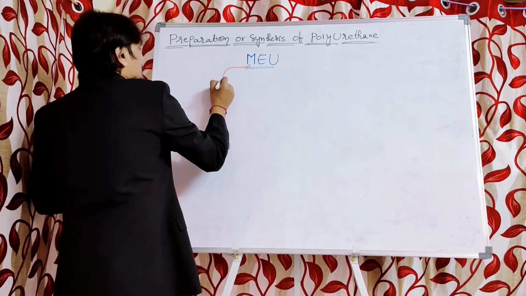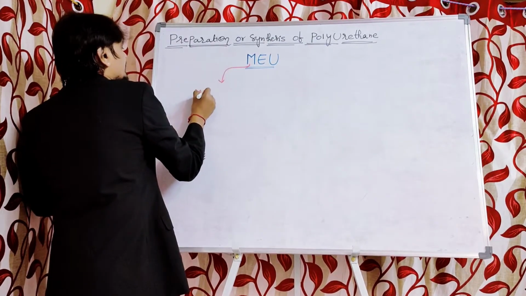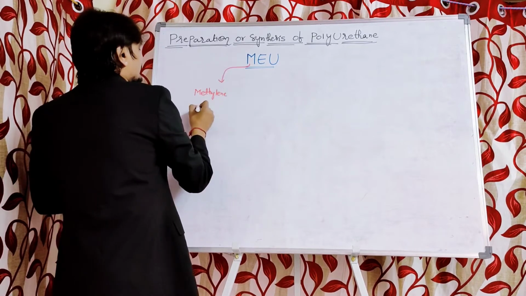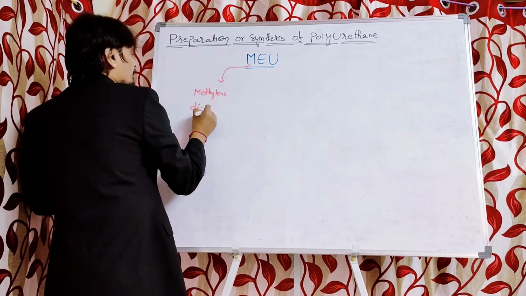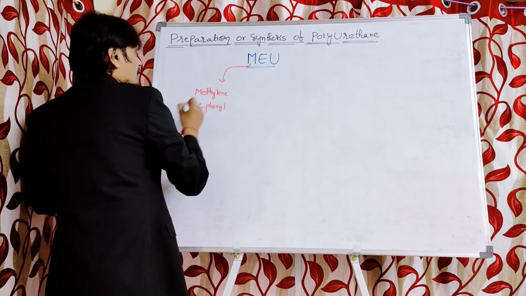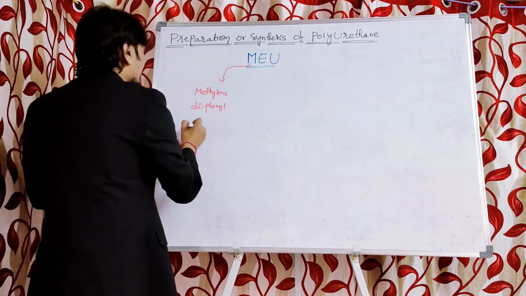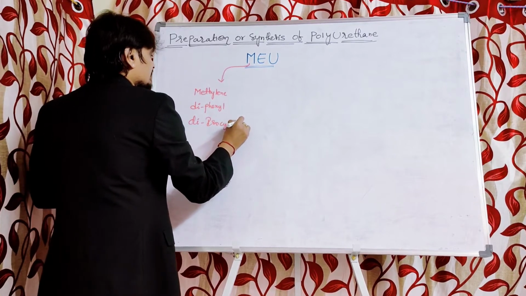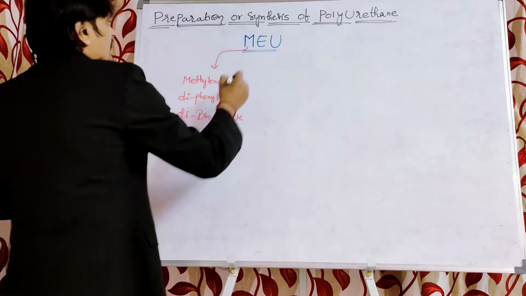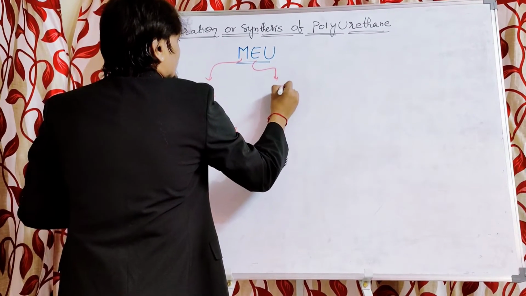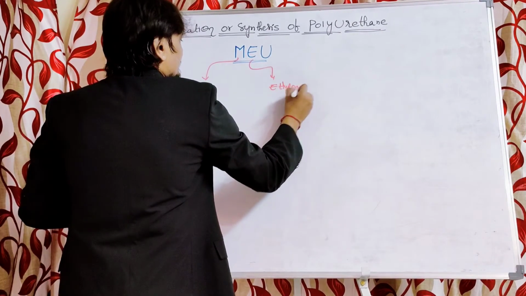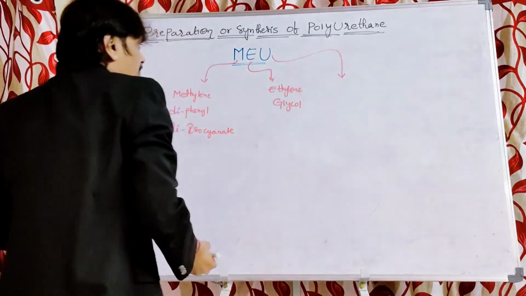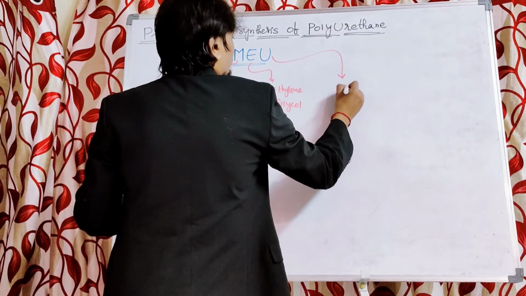In MEU, M stands for methylene diphenyl diisocyanate, and E stands for ethylene glycol, whereas the U stands for our polymer, that is polyurethane.